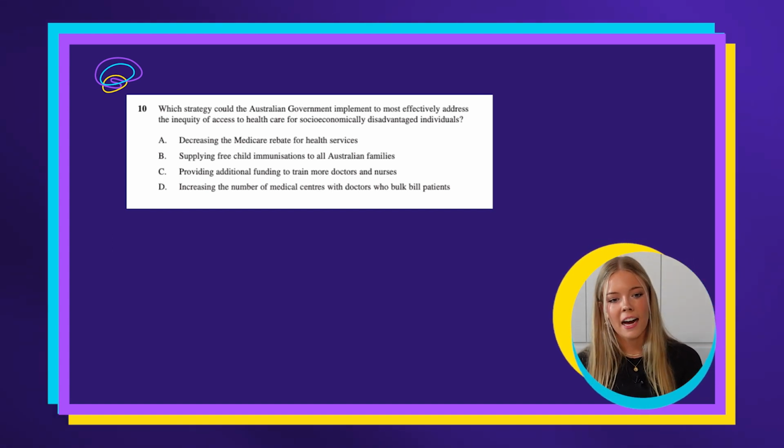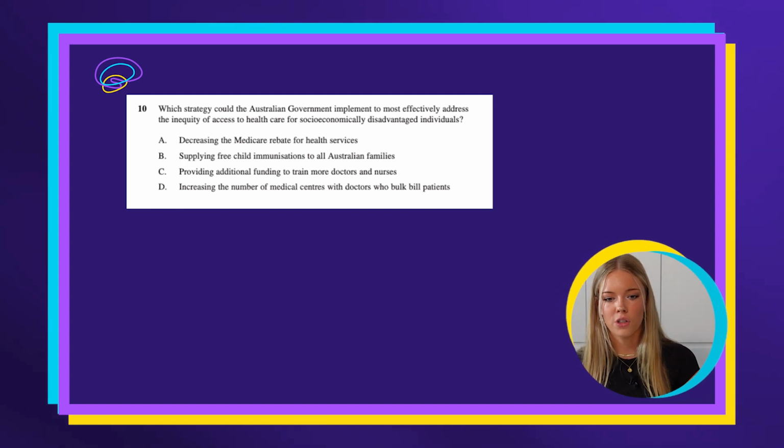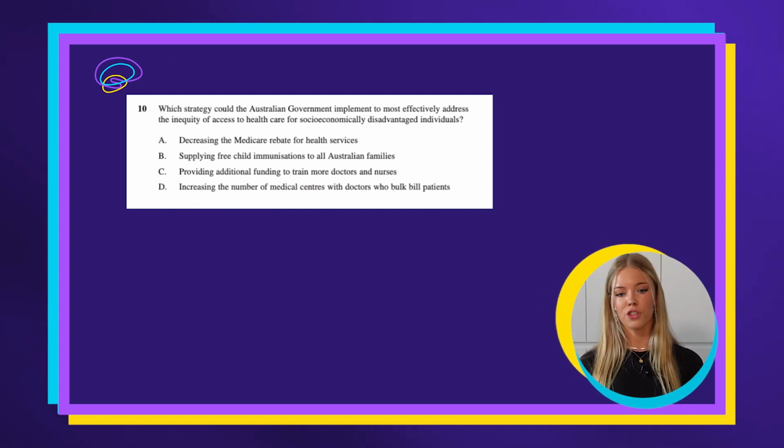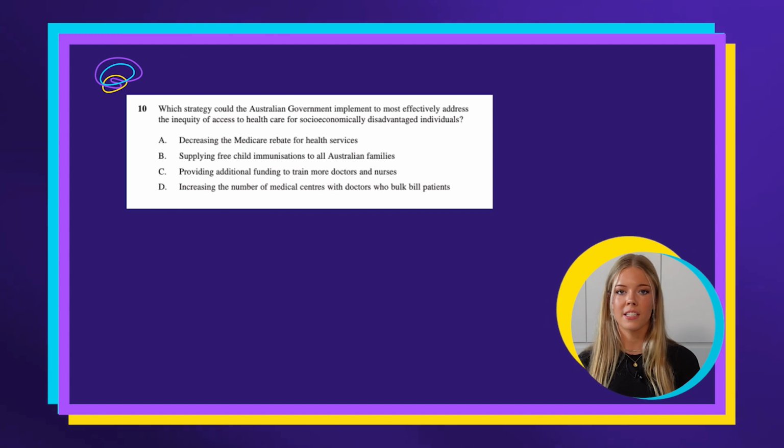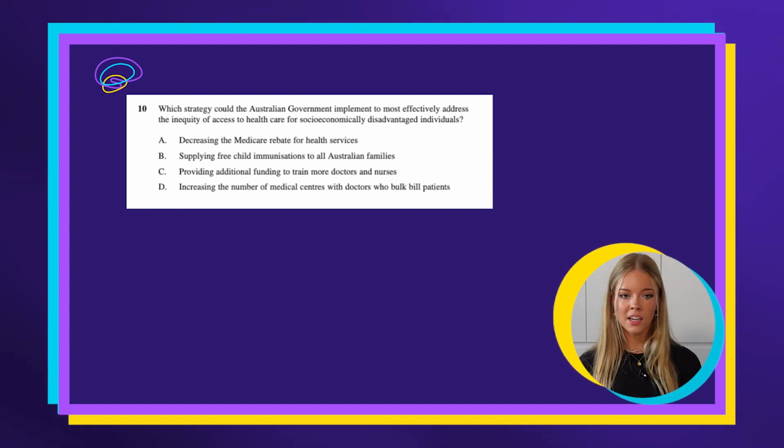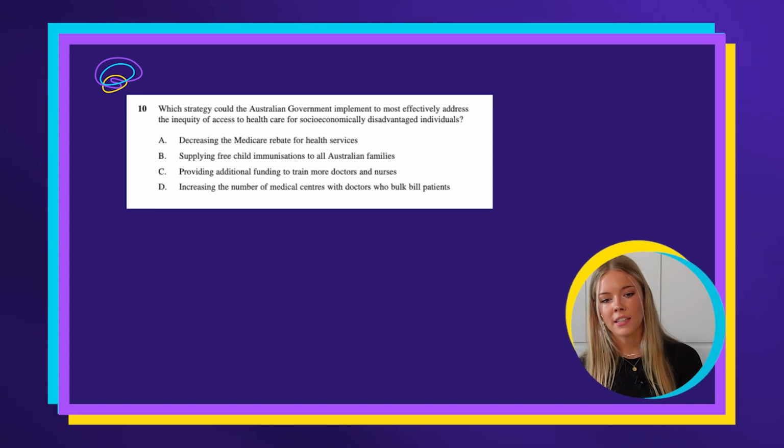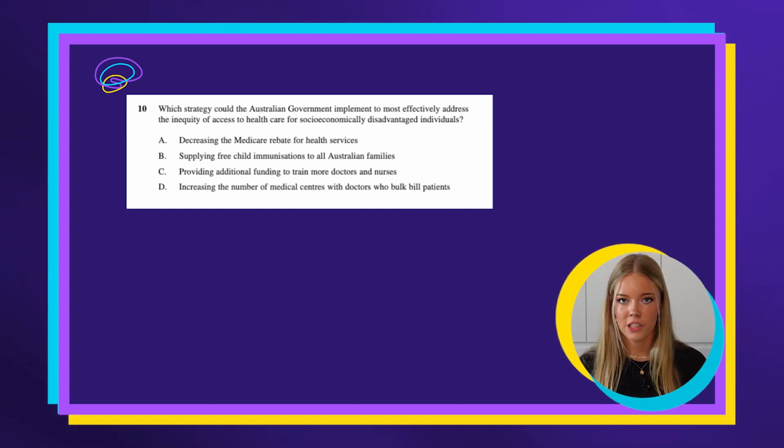Option C is providing additional funding to train more doctors and nurses. So while this is true, it does not necessarily address inequity of access. And finally, option D, which is the answer, increasing the number of medical centres with doctors who bulk bill patients. This requires an understanding of what bulk billing actually is, which is when Medicare covers all of your payment and you don't have to pay anything out of pocket.